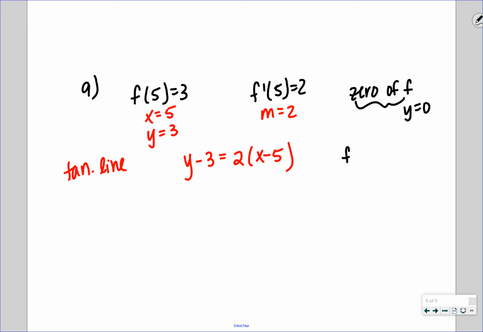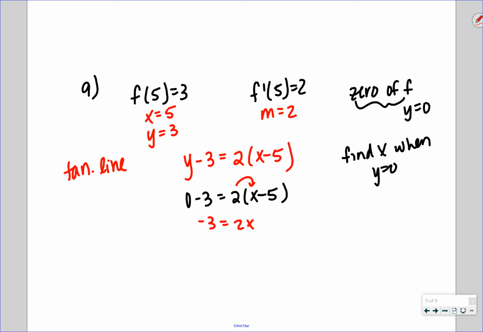Now find x when my function is 0, y is 0. So 0 minus 3 equals 2 times x minus 5. Negative 3 equals 2x minus 10. I'm going to add the 10.